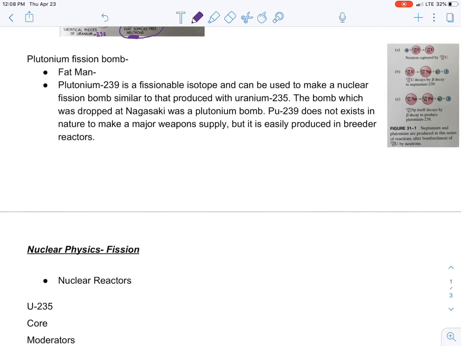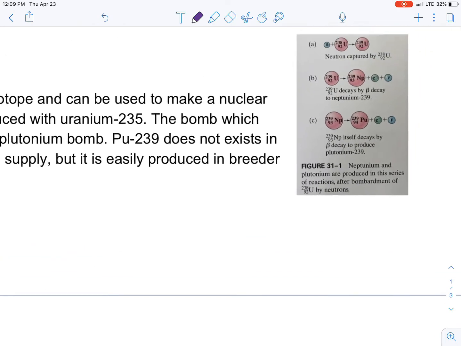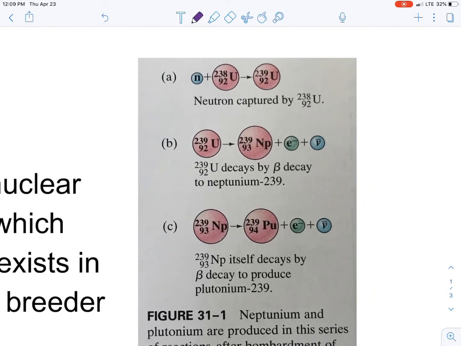Okay, now plutonium is, this is plutonium-239. It's a man-made isotope. And the way they make this is in what we're going to call a breeder reactor, and that's coming up in a little bit. But they can make plutonium-239 through this little reaction right here. It's a neutron capture. They shoot a neutron into uranium-238.